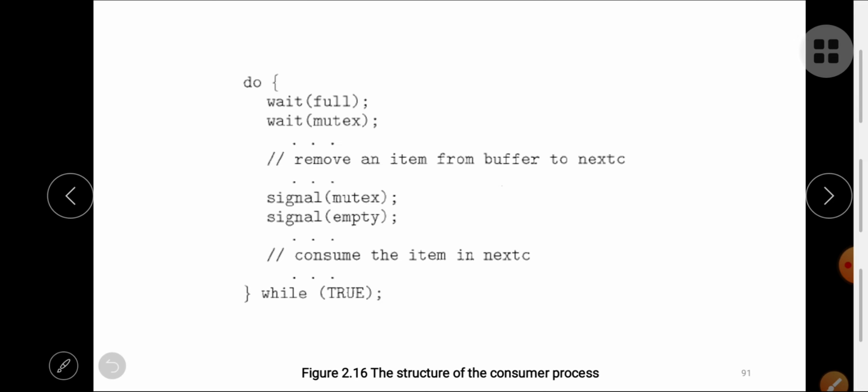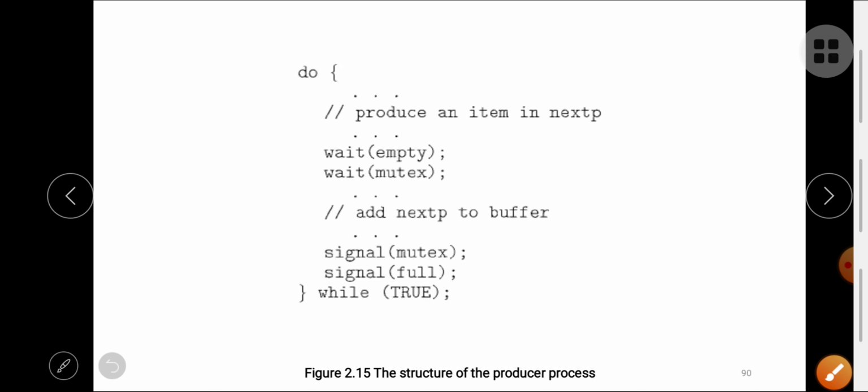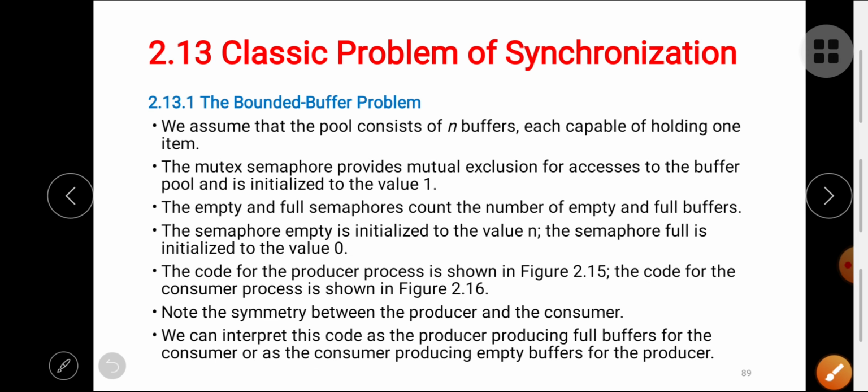Then consume the item in next consumer, while true. These are the codes for the producer and consumer.